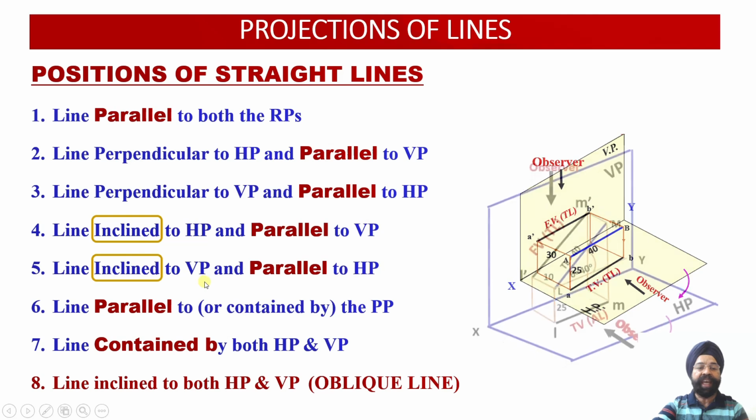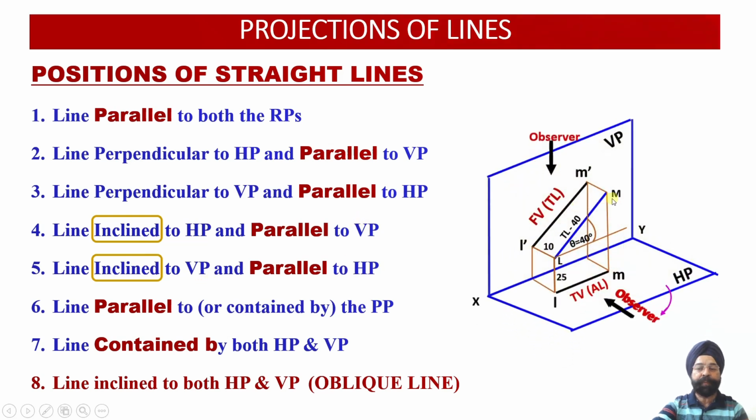Now whenever a line happens to be inclined to any given reference plane, as in this example where we have assumed that the line is inclined to the horizontal plane, its projection on that particular reference plane will reveal its apparent length or the reduced length. We call that foreshortening of the true length of the line.